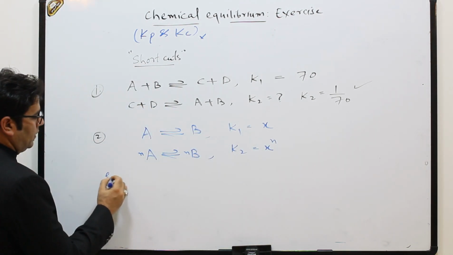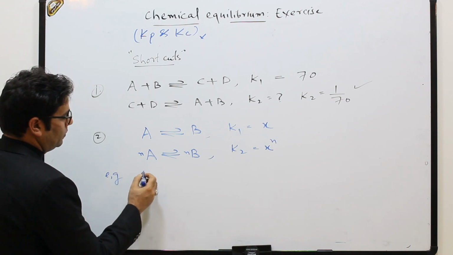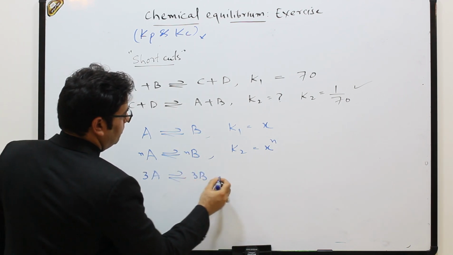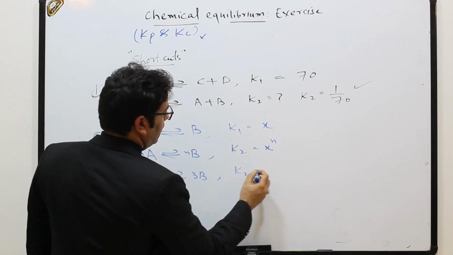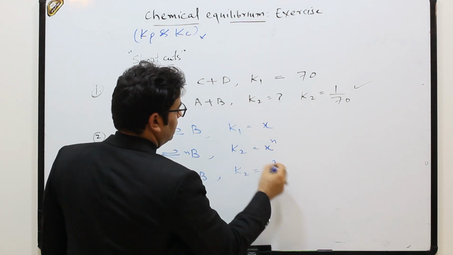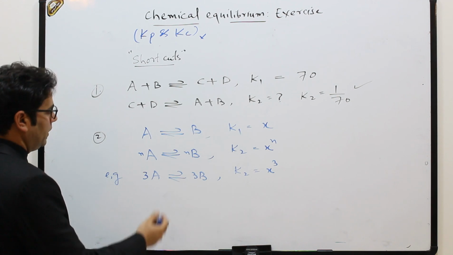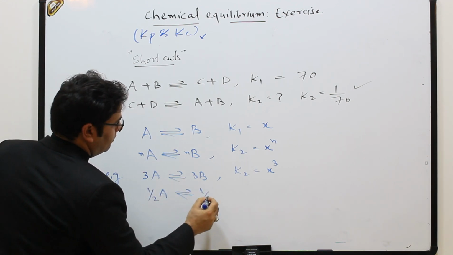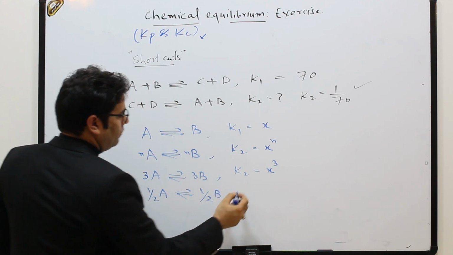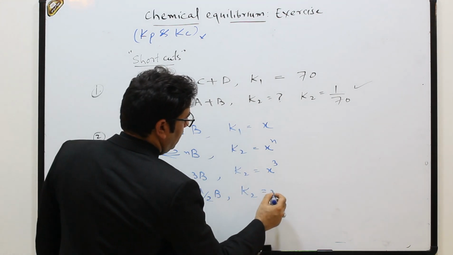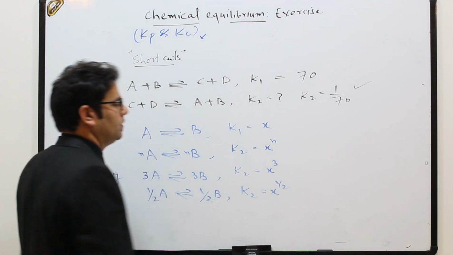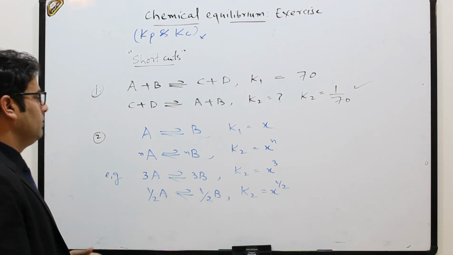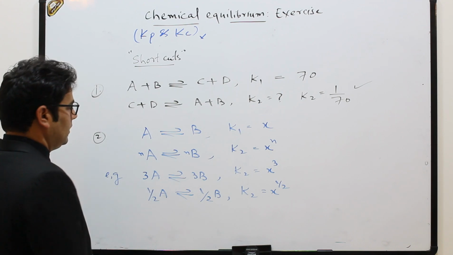For example, if I multiply it by 3, 3A gives 3B. What will be K2? K2 will be X to the power 3. If I multiply it by half, half of A giving half of B, what will be K2? K2 will be X to the power 1 by 2. This is trick number 2. You have to use them in the next lecture in the exercise.